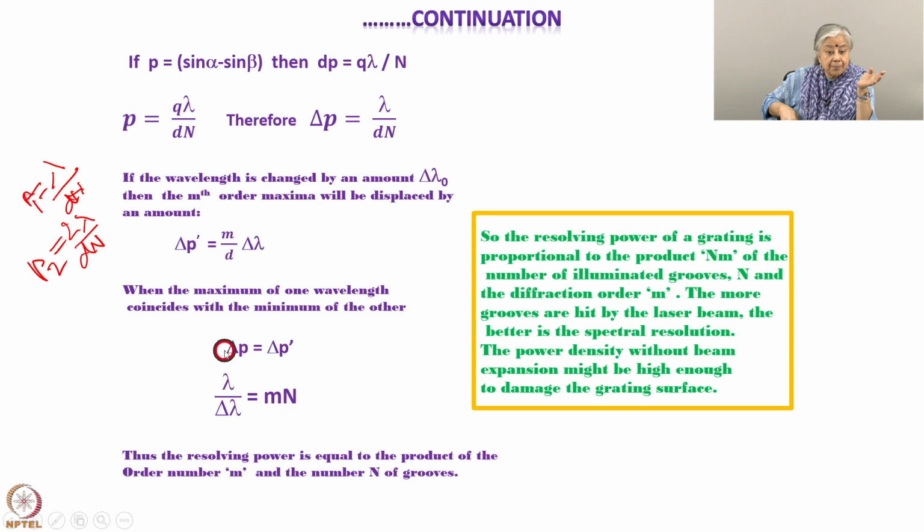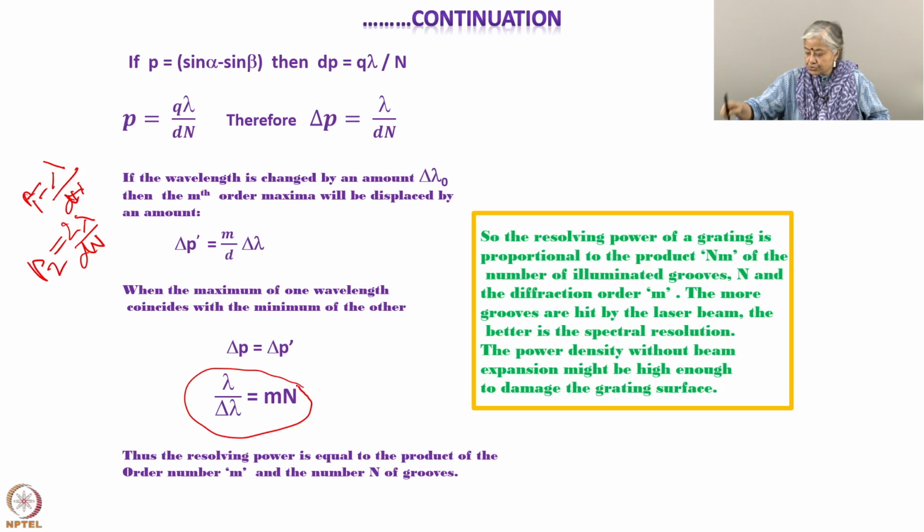So delta p is equal to delta p dash. Now just substitute for delta p and delta p dash here. You will get lambda upon delta lambda is equal to m into n. So I have a nice little formula for my resolution.